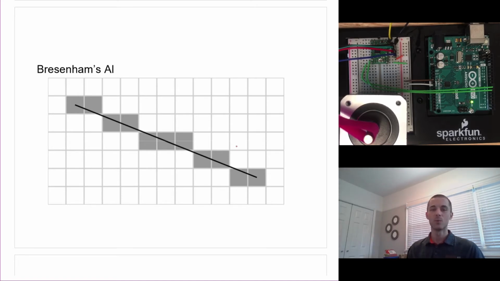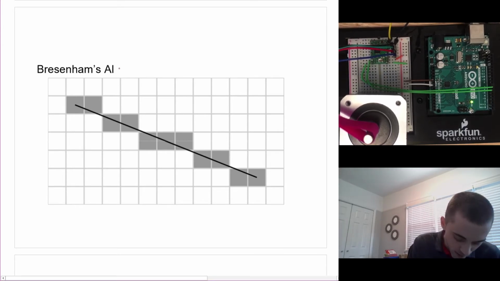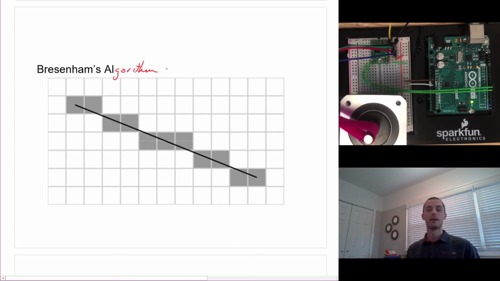And so we need a way to represent something like a straight line on this grid-based system, right? And so Bresenham's algorithm is a technique for achieving this, where it started out was computer graphics, being able to draw this straight line on a computer screen.